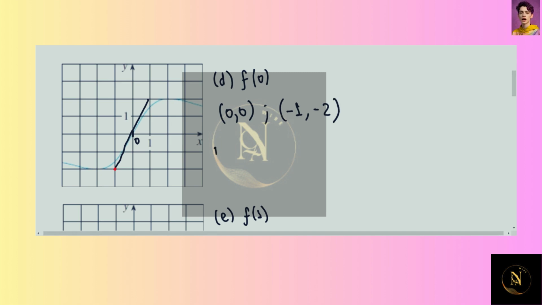So the slope is simply, again, we use the formula: minus 2 minus 0 over minus 1 minus 0. So this gives us a slope of 2.